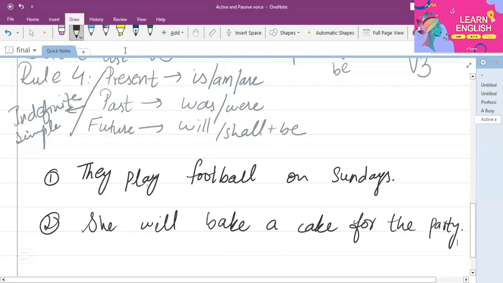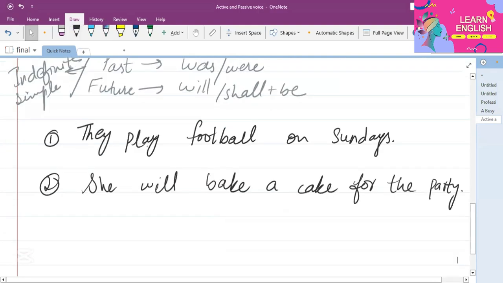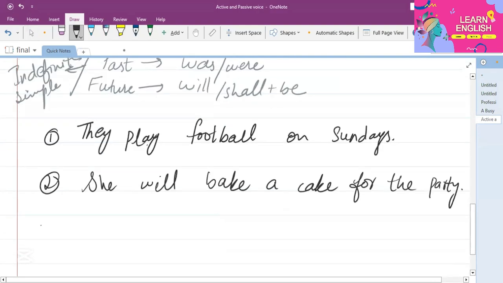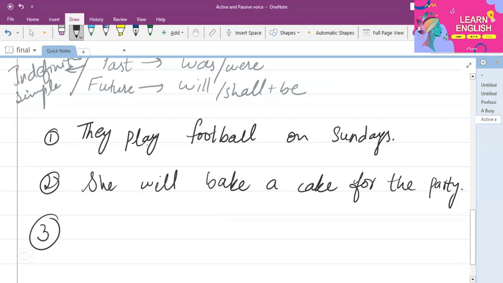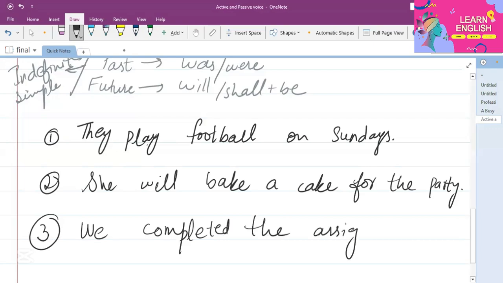Sentence number three: We completed the assignment. All right, so I'm giving you 5 minutes and you have to convert them into passive voice. If you want, you can write the answers in the comment section below.